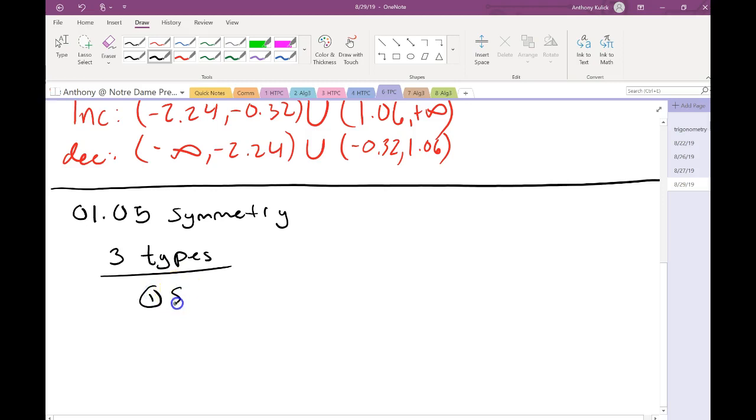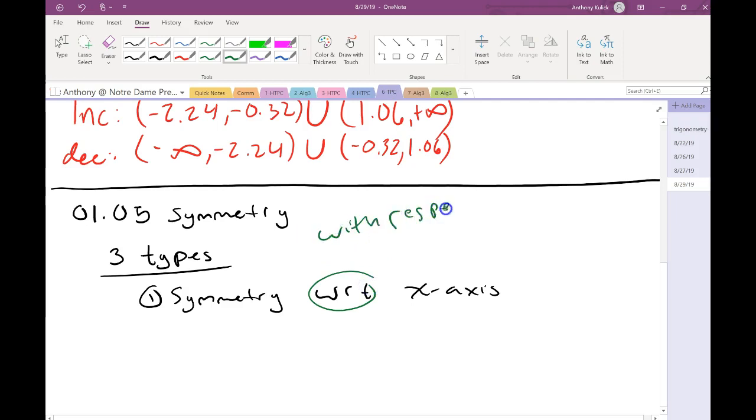The first kind is symmetry with respect to the x-axis. So I'm just abbreviating that common mathematics phrase with respect to with the letters WRT.